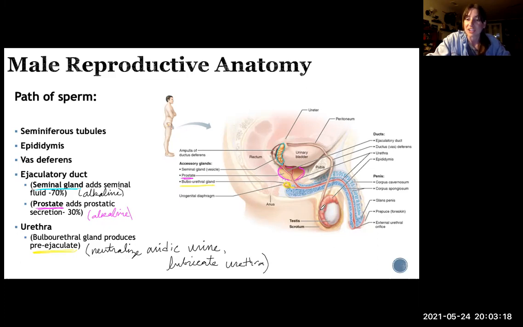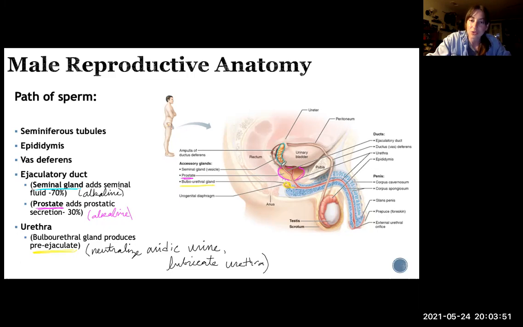Then for ejaculation, you will have the mature sperm from the epididymis travel up the vas deferens all the way up in front of the pubic bone, which seems crazy, around up over the urinary bladder, also crazy, around, and then it's going to meet the seminal gland or the seminal vesicle, which is going to secrete 70% of seminal fluid.